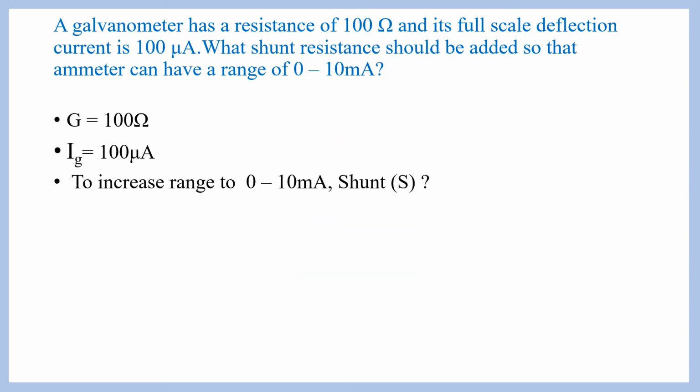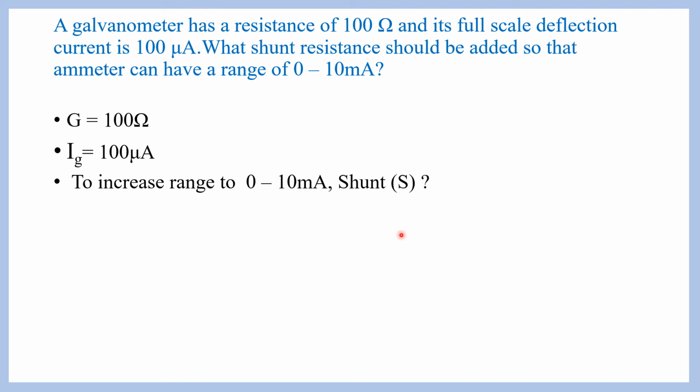Now we will try to solve a problem based on what we have understood till now. The problem states that a galvanometer has a resistance of 100 ohm and its full scale deflection current is 100 microamperes. What shunt resistance should be added so that the ammeter can have a range of 0 to 10 milliampere?